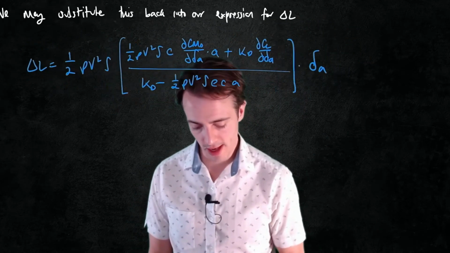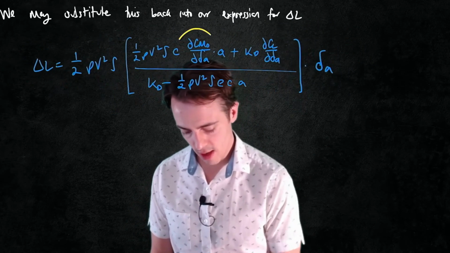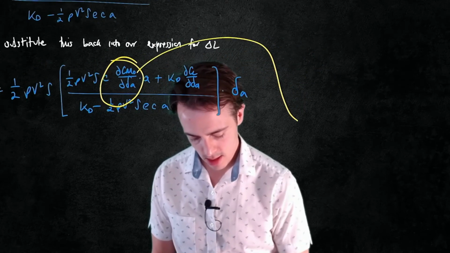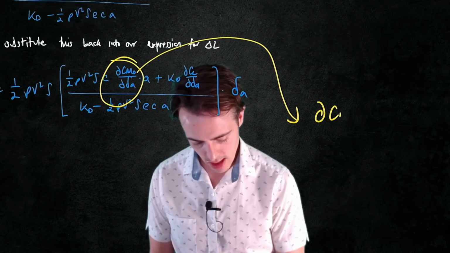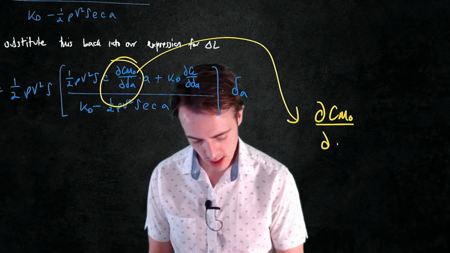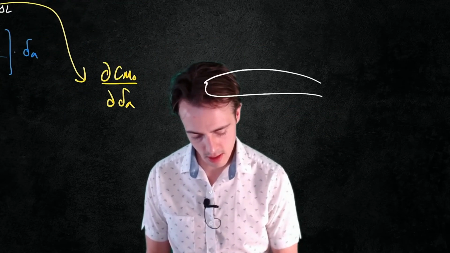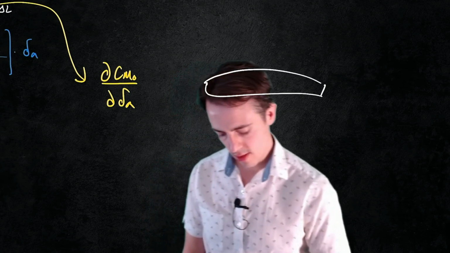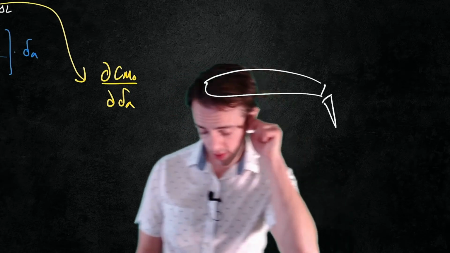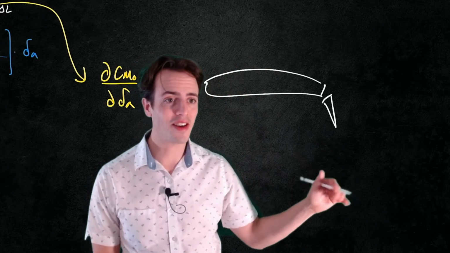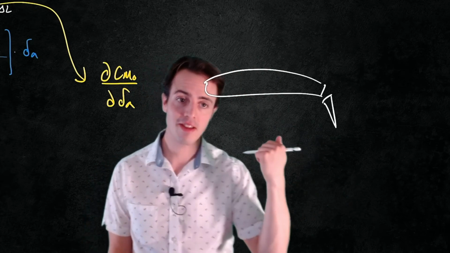And the reason why that can be 0, let's just think about this term here, dCm naught on d delta A. With our sign convention, in general there is no good sign convention for control surface deflections.